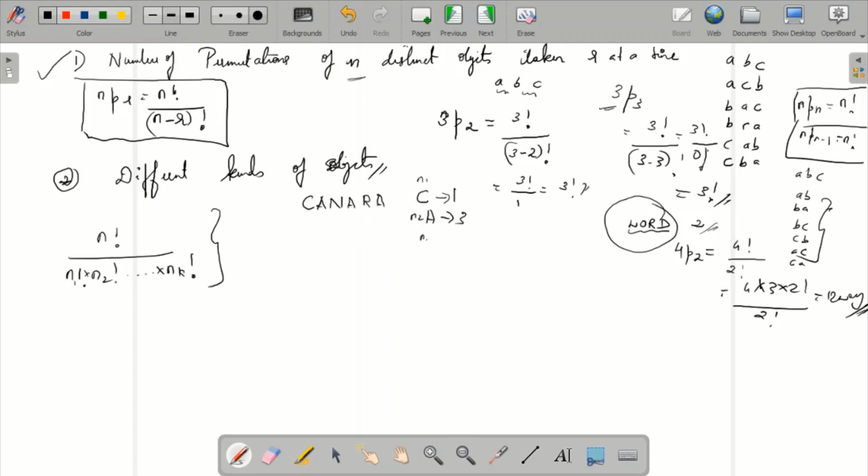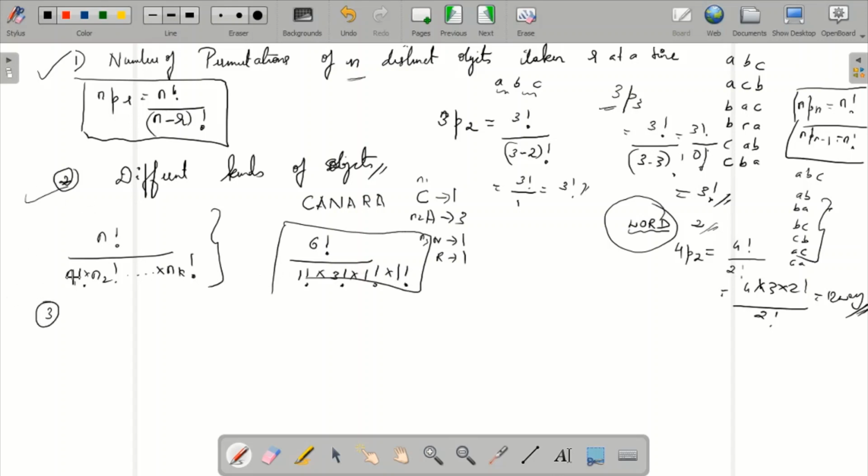N3 is N, it is appearing 1. N4 is R, it is appearing 1. So just put n, how many are there? 1, 2, 3, 4, 5, 6. n is 6. So the formula you can apply here: 6 factorial divided by, for CANARA, C is 1 factorial, A is repeated 3 factorial, N is 1 factorial, R is 1 factorial. So this is the formula when you want to use different kinds of objects.